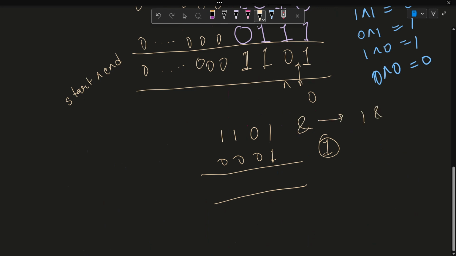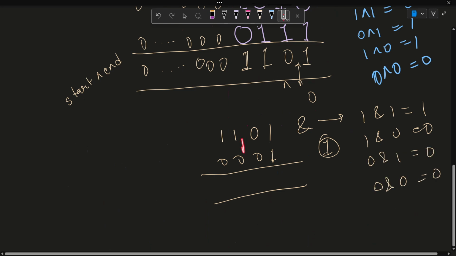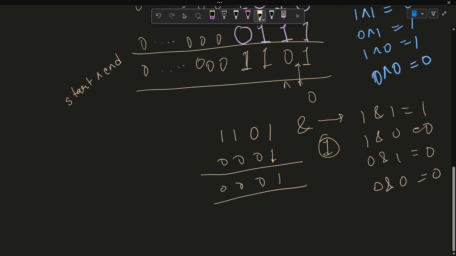The AND operation: 1 and 1 is 1, 1 and 0 is 0, 0 and 1 is 0, 0 and 0 is 0. I take the AND of these two numbers bitwise, and what I get is 1 0 0 0. So I'll say count plus plus.